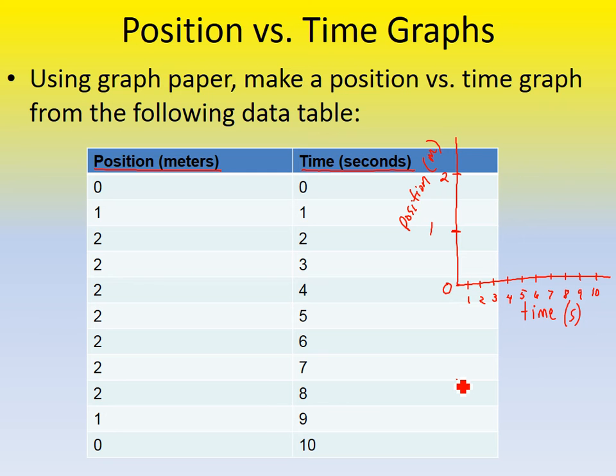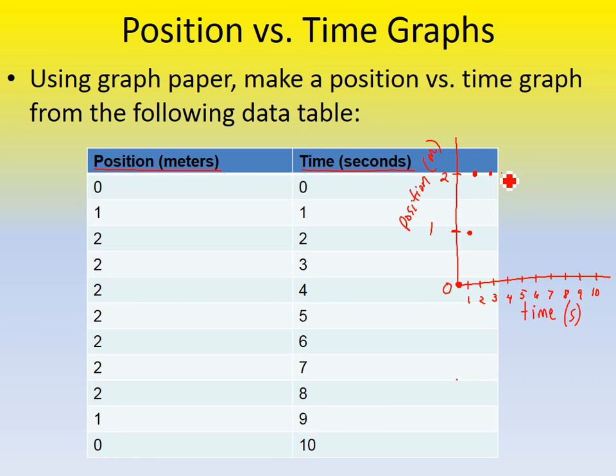What you do is you go at time 0, we were at 0 meters. So we make our mark. 0 and 0. Okay, at 1 second, we were at 1 meter. So 1 second at 1 meter, make a mark. At 2 seconds, we're at 2 meters. At 3 seconds, we're still at 2 meters.